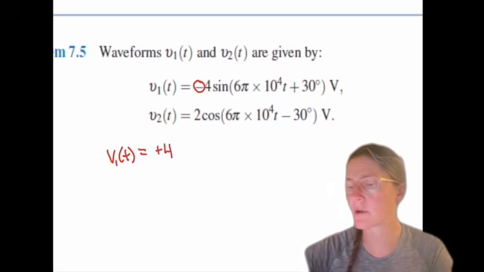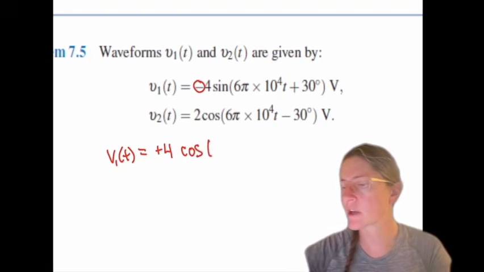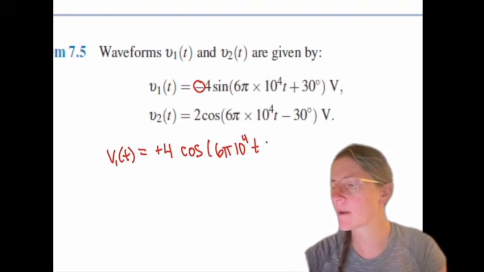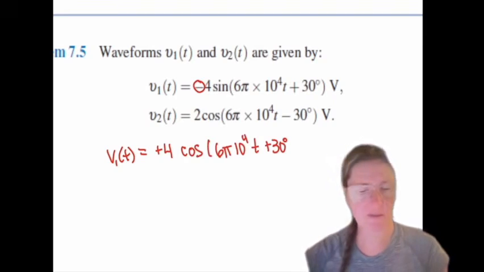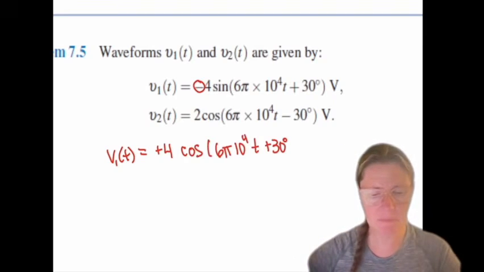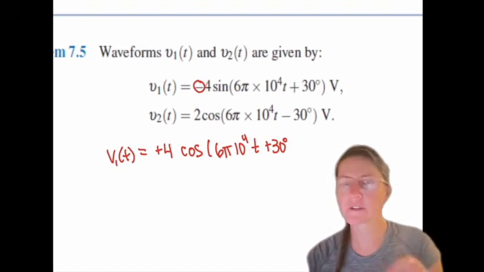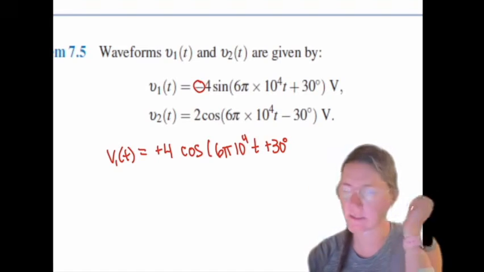So it would be plus 4 cosine, and it's going to be 6 pi 10 to the 4th t plus 30 degrees, and then it's a minus 90, minus 90 plus 180, so plus 90 total.